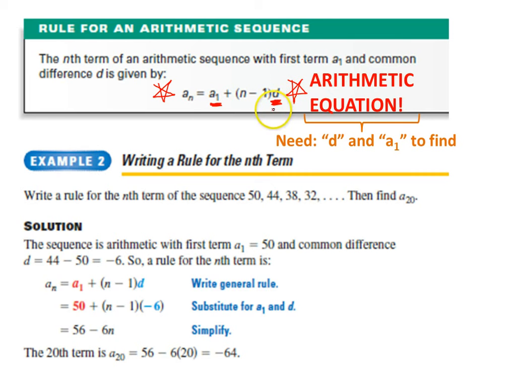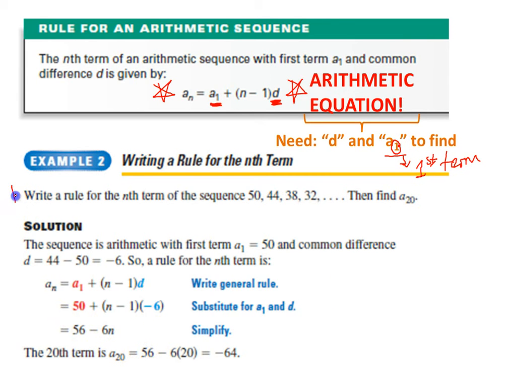That's that common difference, just like your slope. a sub 1, what does that mean? If it's a sub 1, that's the what term? That's the first term. That's what this 1 means. Remember, position 1. So that's going to come from your first term in your sequence.